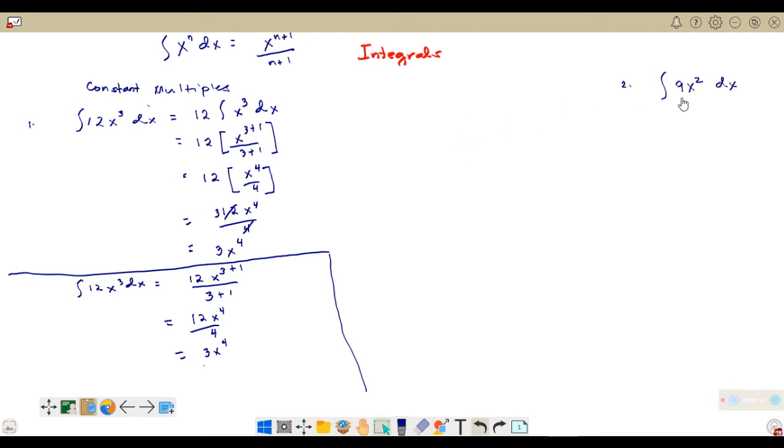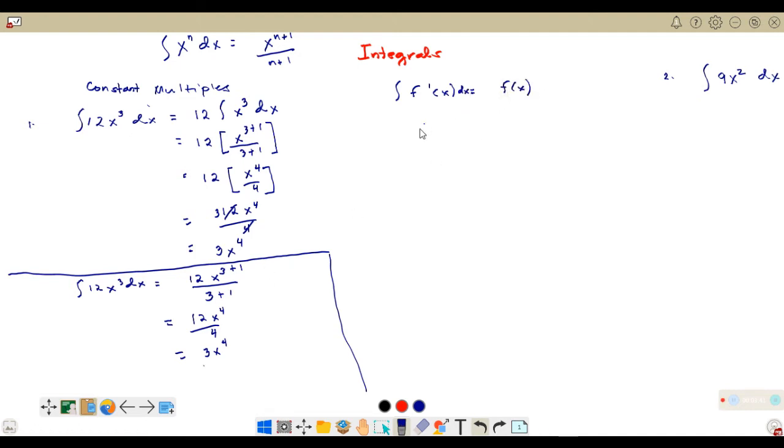Paano tayo mag-check? Di ba may idea tayo before that the integral is the antiderivative. So, if you have the antiderivative of f prime of x, or the integral of f prime of x, that is equal to f of x.